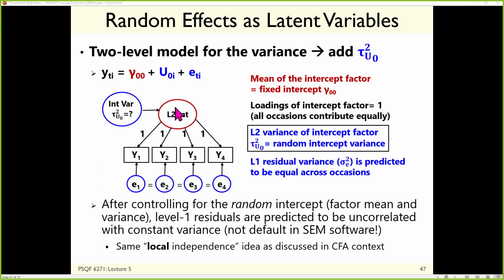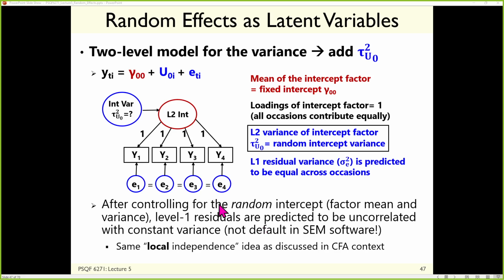So it is a random intercept factor specifically because of the way we forced the loadings to be 1. Likewise, by this notation, I'm trying to show that I have forced each of these residual variances to be the same number. They're constrained equal, which would be the typical R matrix that we see.